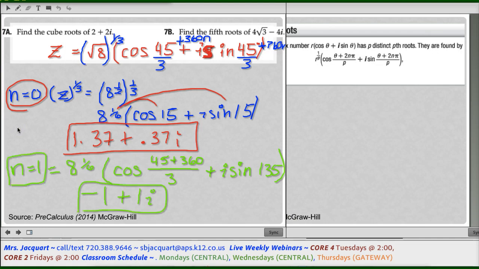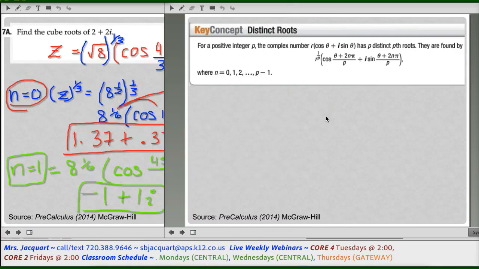Okay, and we have to rework this problem one more time for n equals 2. So let's go ahead and use this board over here for n equals 2.